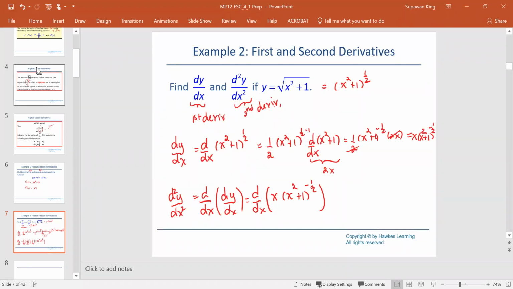As you notice, this is the product form, or you can think about this as the quotient form, but you have to adjust the negative exponent to be a positive exponent. But let's keep it in this form and treat it as the product of the two functions. We're going to apply the product rule.